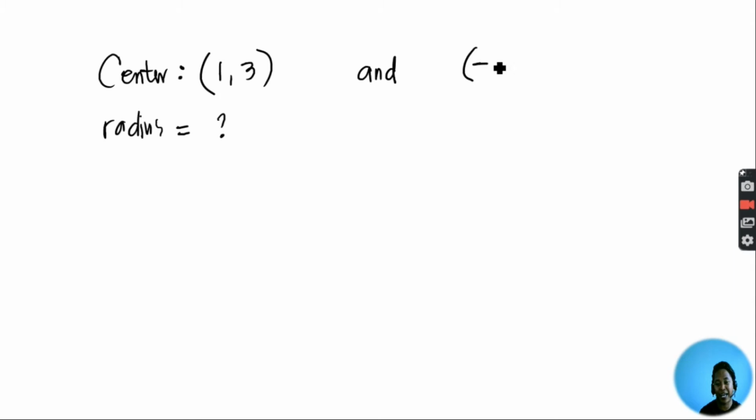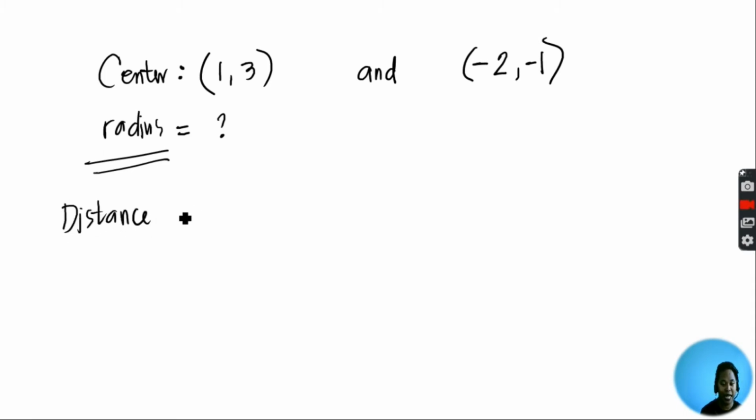Consider that our endpoint to be used is the coordinate of point A na kanina po natin na-discuss, (-2, -1). Ang gagawin natin ngayon to find the length of the radius, gagamitin natin yung distance formula. Naalala niyo pa ba yung ating distance formula?